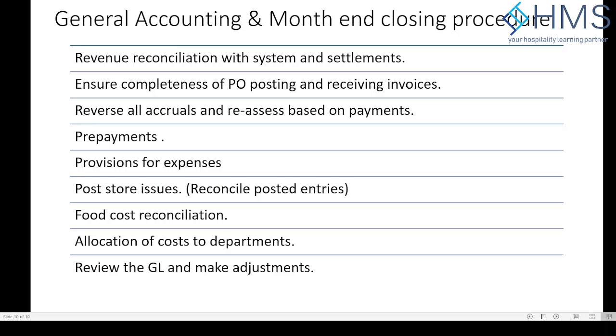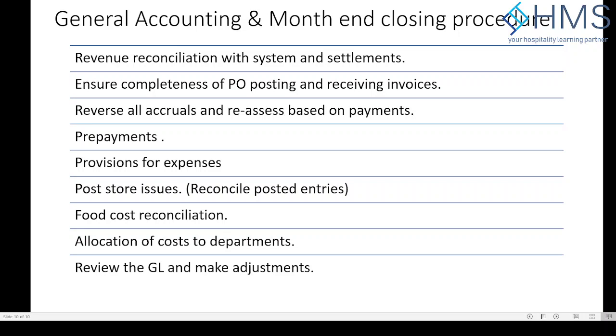We need all these reconciliations from you. We issue the templates on time, so that by the end of the month all the information arrives and we are able to do the general month end closing.